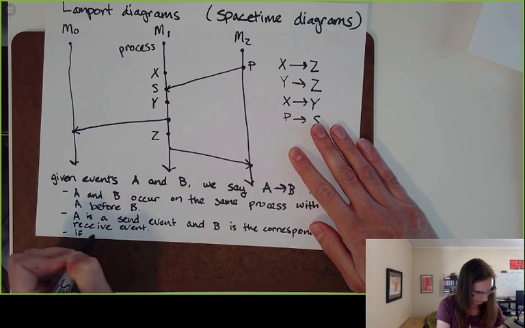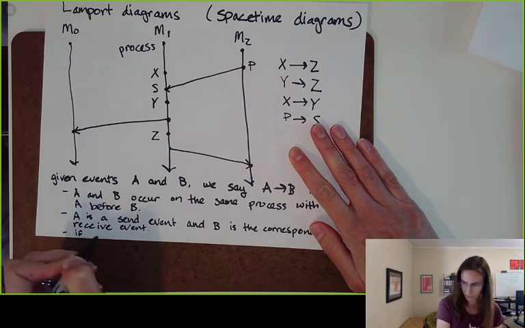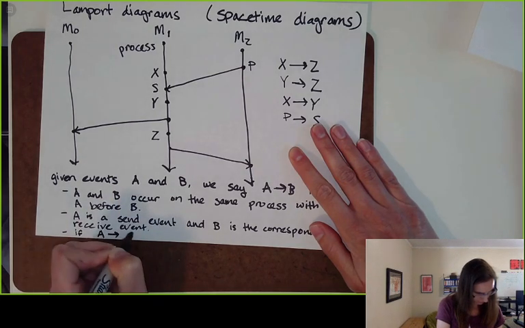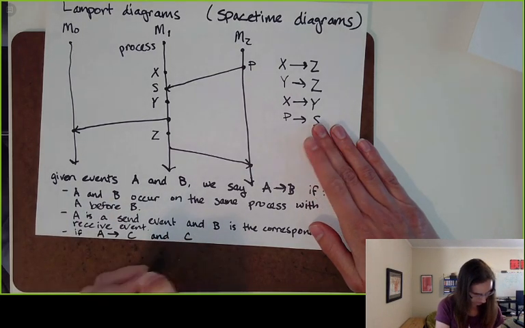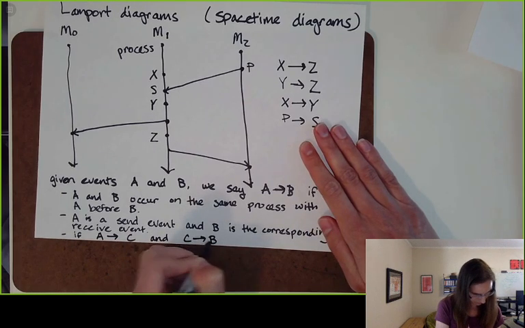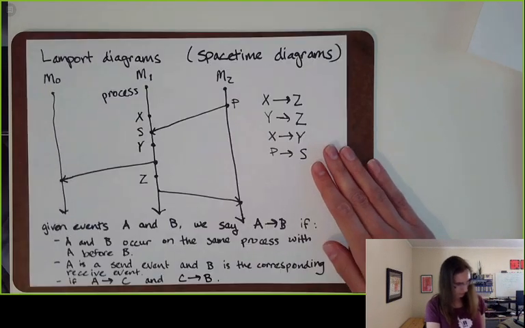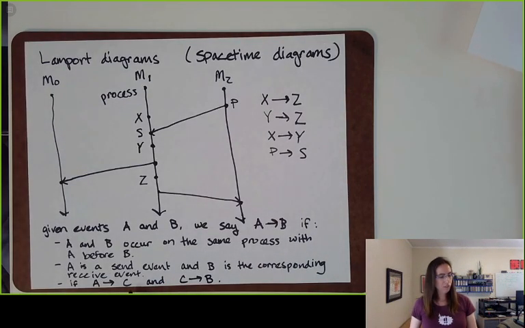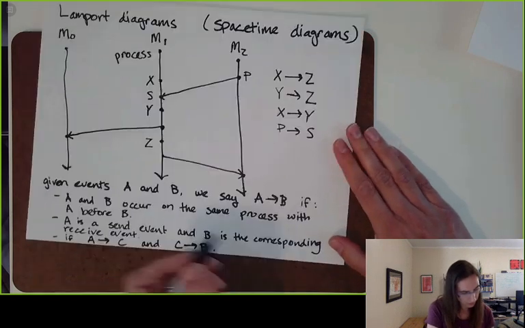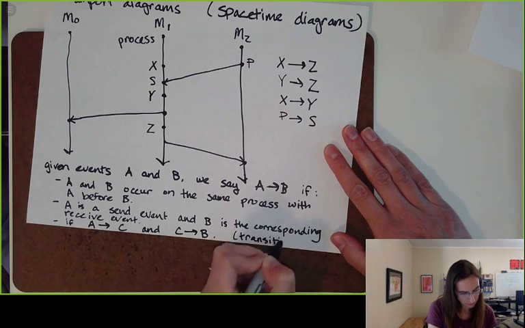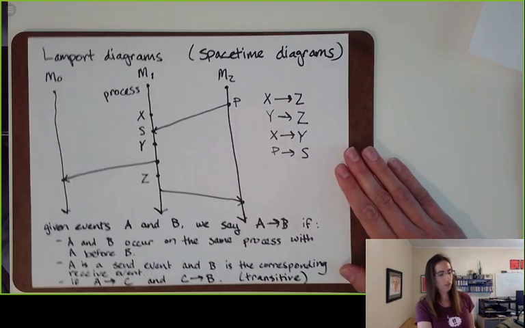So the last part of the definition is, let's say that we have some other event, call it C. So if A happens before C, and C happens before B, then we can say that A happens before B. What this last part of the definition does is it makes this happens before relation transitive.